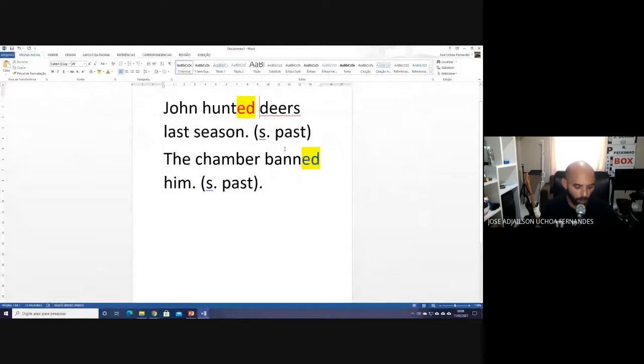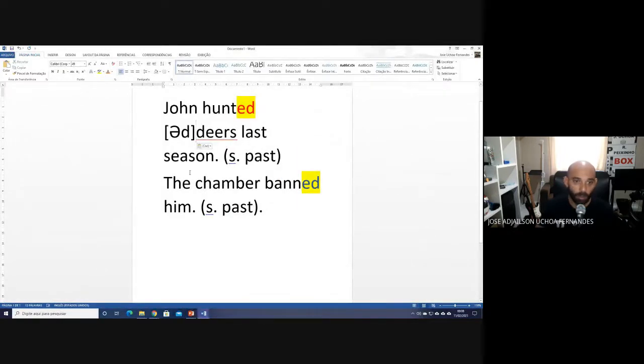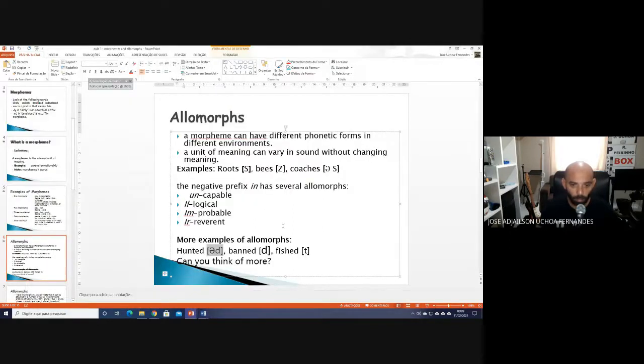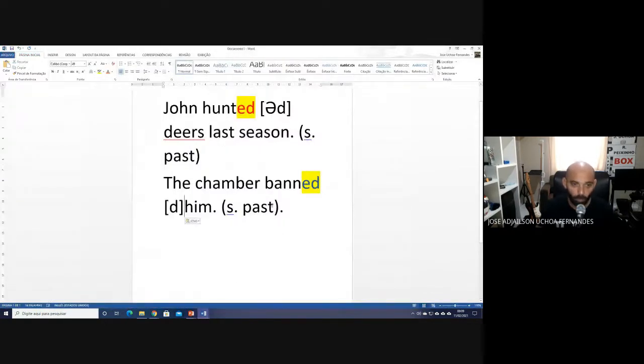If this is pronounced like this, and this one is pronounced like this, you see the red phoneme or the blue phoneme.